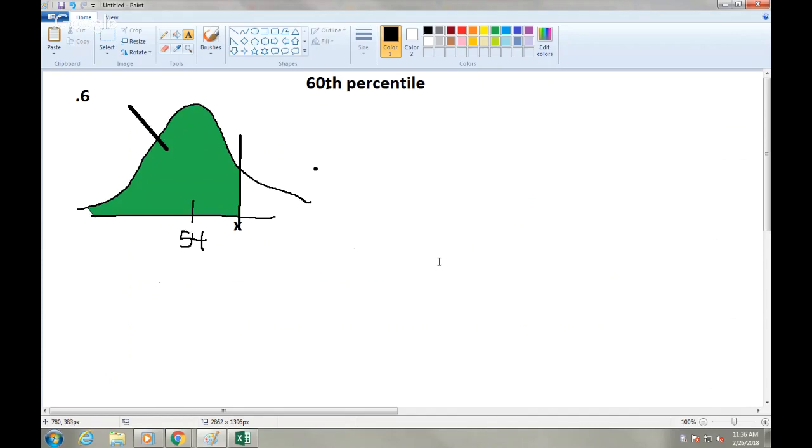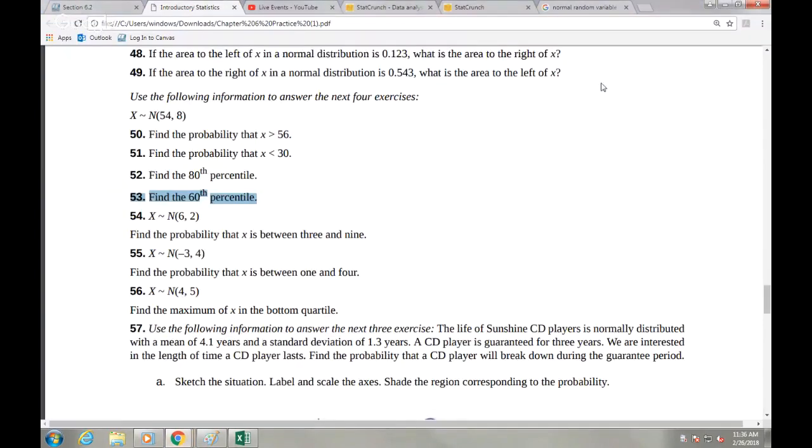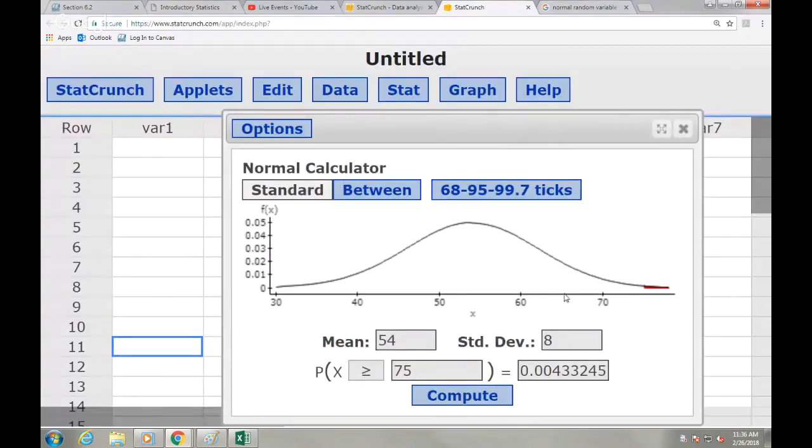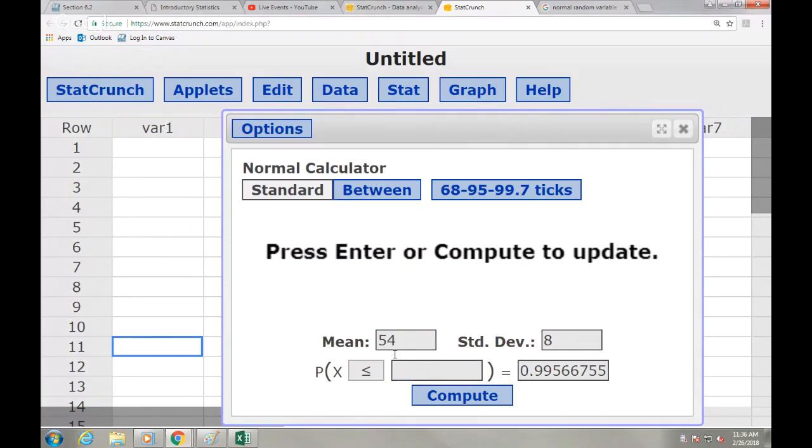So if we know the lower tail area is 0.6, now we have the tools to go into whatever program we're using. Let's look, for example, at StatCrunch. In StatCrunch, I've got the mean, got the standard deviation. I've got lower than is what I'm interested in, but I don't know what goes here.